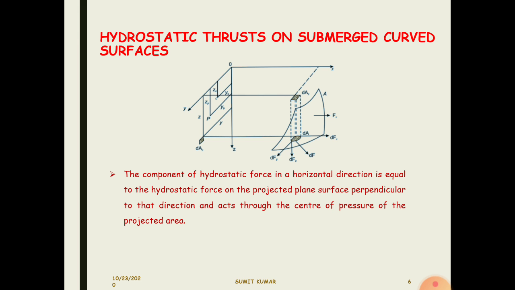The vertical component of the hydrostatic force on the curved surface can be written as rho into g into V, where V is the volume of the body of liquid within the region extending vertically above the submerged surface to the free surface of the liquid. Therefore, the vertical component of the hydrostatic force on a submerged curved surface is equal to the weight of the liquid volume vertically above the solid surface and acts through the center of gravity of the liquid in that volume.